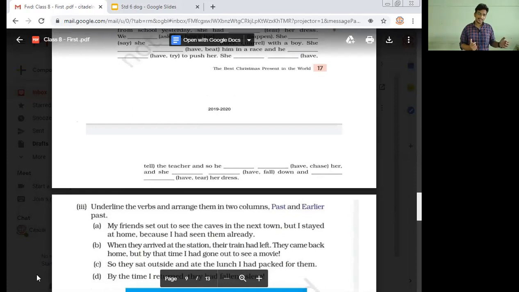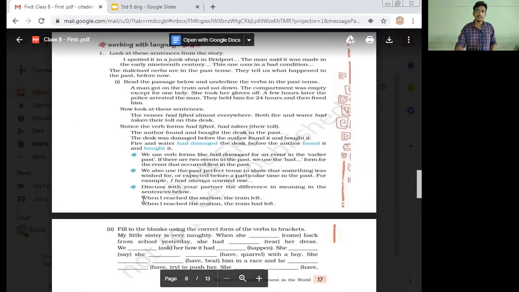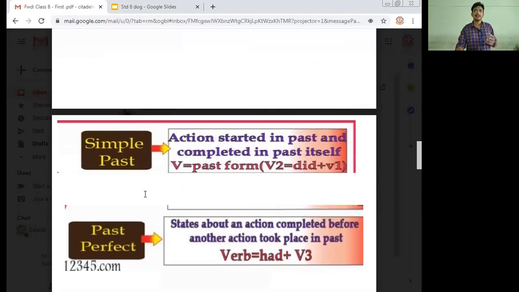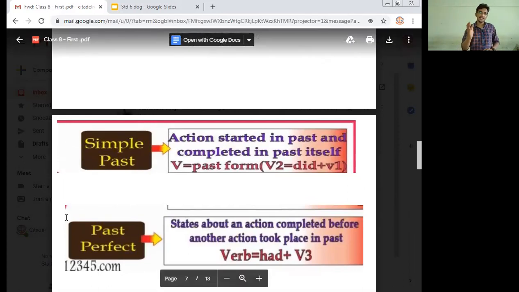Simple past tense is the second form of, I'll show you that image again, then you will easily recollect. In simple past tense, the past form of the verb is used, and in the past perfect, had plus the third form of the verb is used, right? So we are going to deal with that area in a much more detailed manner.